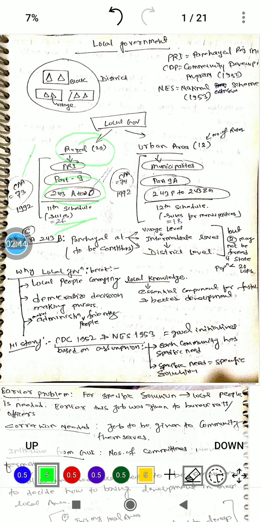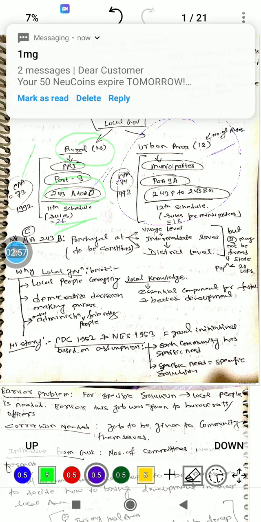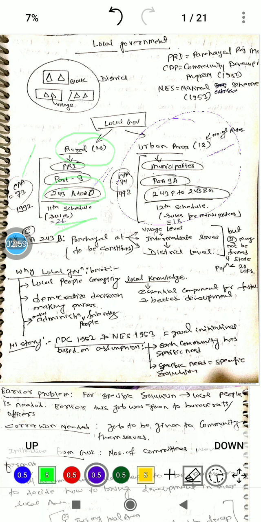Okay, so similarly for the urban areas, what happens? If you talk about the urban areas, there are only 18 subjects. In the urban area there will be the municipalities.